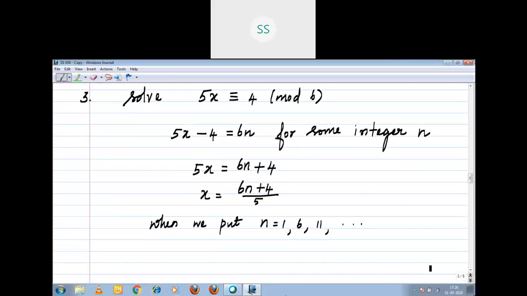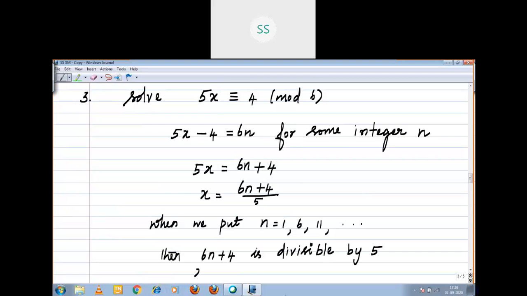Got it, children? Then 6n plus 4 is divisible by 5. Already I told you, either you can write multiple or divisible. Here I applied divisible because I want to find the solution of x. They ask us to solve, right?